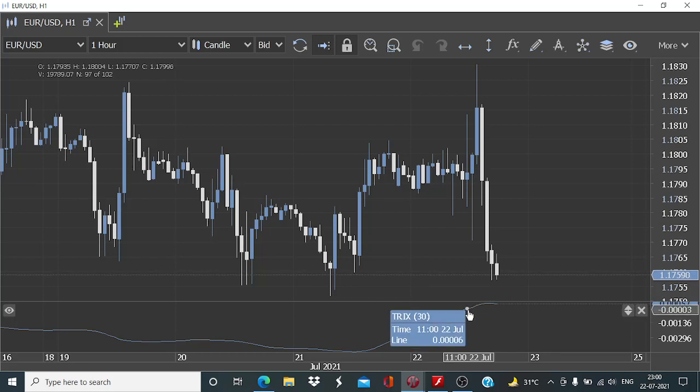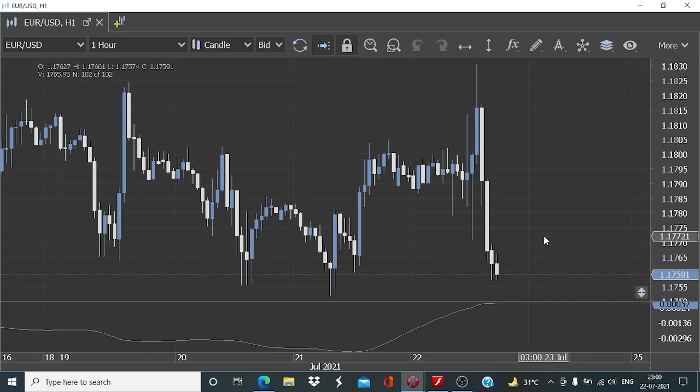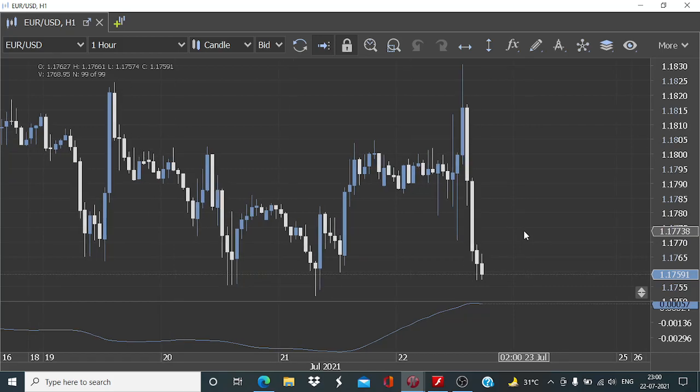So we are using three TRIX values at different time points. We are comparing these values, and a nice smooth curve should be forming. That will be indicative of the fact that underlying momentum is now turning bearish, and this might be the appropriate time to get involved for a short sell trade.